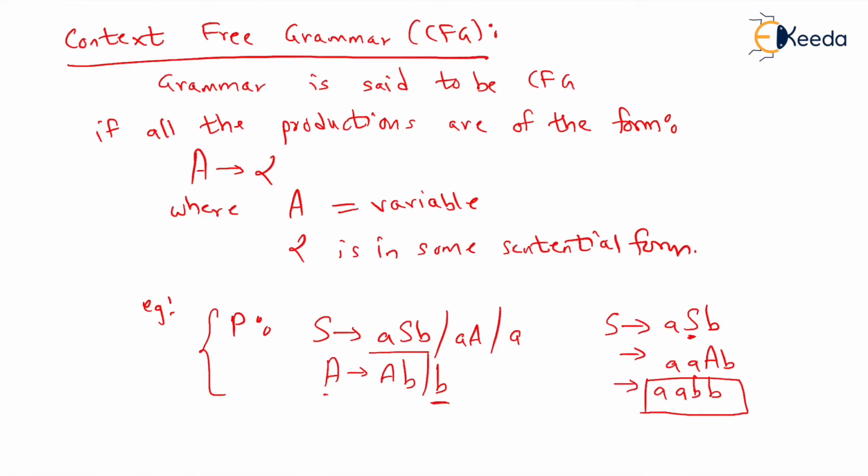So here my grammar is defined as G is equal to (V, T, P, S), where V is nothing but the variables in the example we have shown here. My variables are the capital alphabets, that is S and capital A. Next, I want to see the terminals. The terminals seem to be small a and small b. So small a and small b are the terminals. What are the production rules?